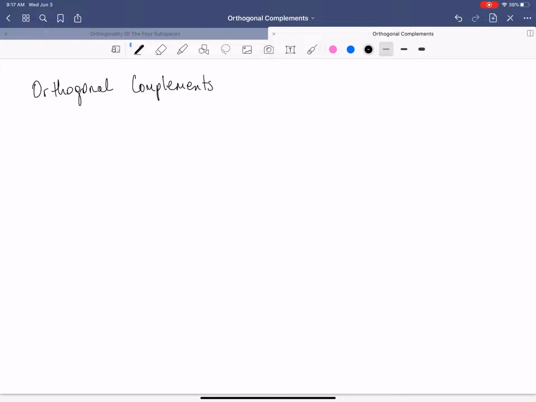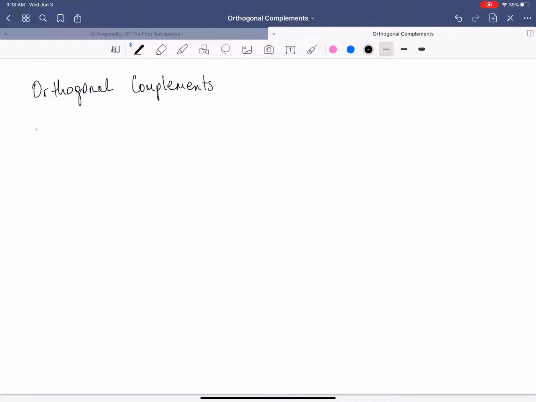To complete our picture on orthogonal subspaces, we have to talk about orthogonal complements. So what is an orthogonal complement? Let's write that definition.